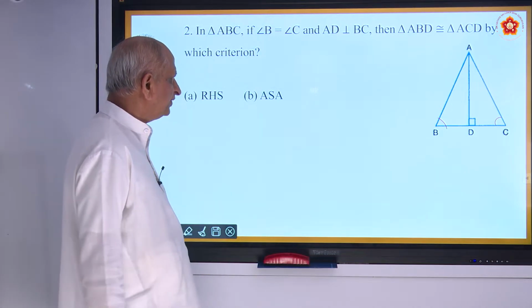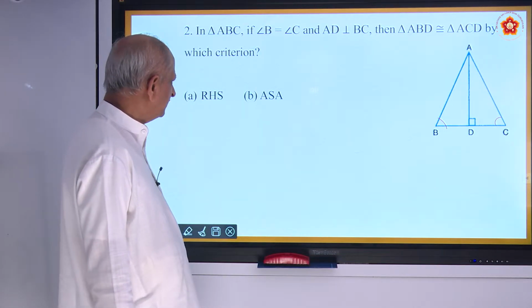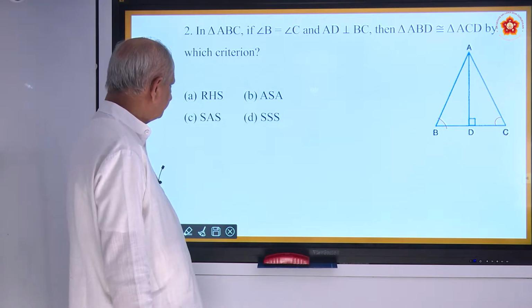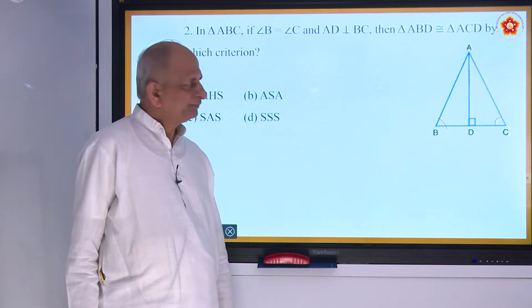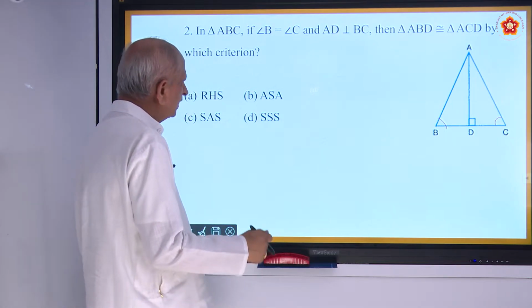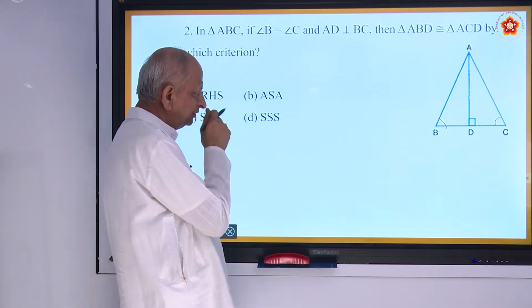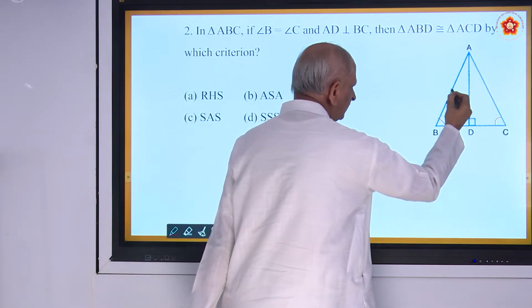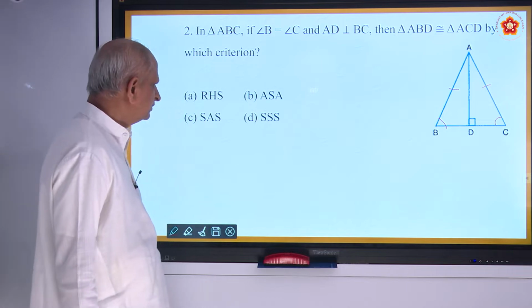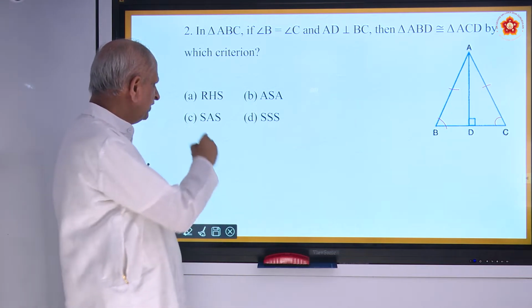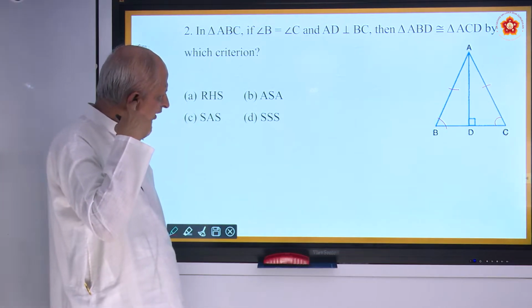Here are four answers. On which criteria are they asking? RHS means what? Here angle B is equal to angle C is given. Therefore, AB becomes AC. It is an isosceles triangle, is it not? And then under these four, which is more correct?